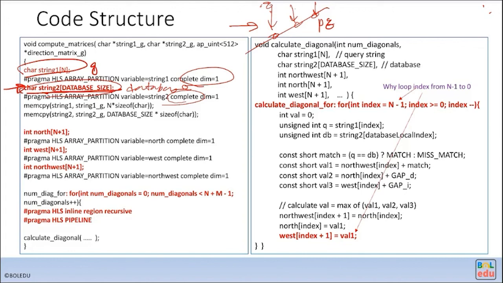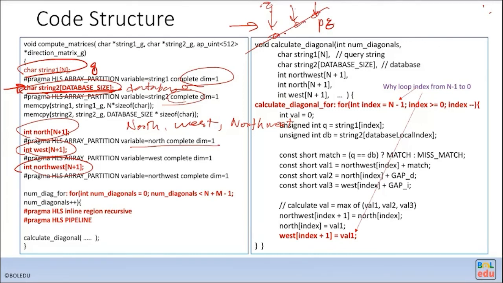Also remember we need a north array, a west array, and a northwest array. These arrays need to be fully partitioned because the PEs access them all the time.